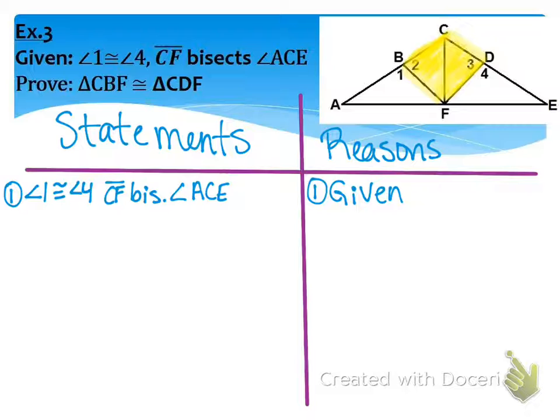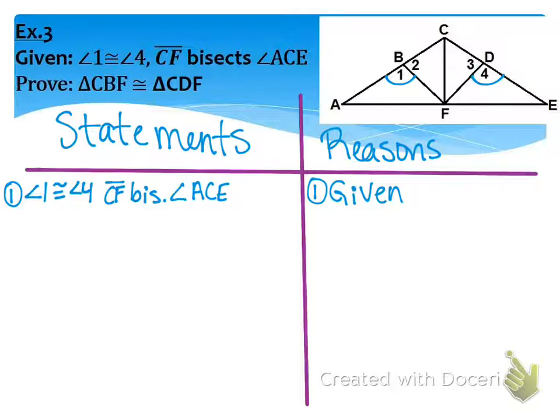So with that in mind, let's see what we can make happen here. We could mark angles 1 and 4 congruent if that helps you. That's not part of our triangles, but it could help us with angles 2 and 3. So I'll just open it up to all of you. Where would you go next? Since CF, then A, C, yeah.